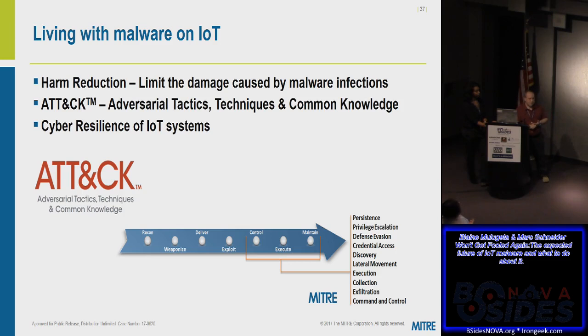So we learn to live with malware and IoT. Harm reduction. So right now we have this sort of model where we're trying to defend our systems and keep them in a pristine state, keep them from getting infected. But infections happen. And as you get 20 billion devices, they're going to happen a lot.